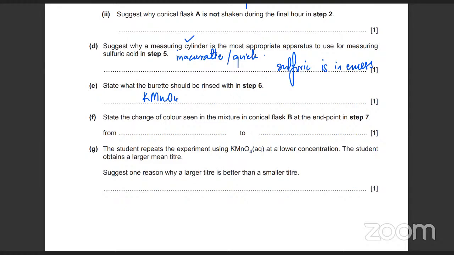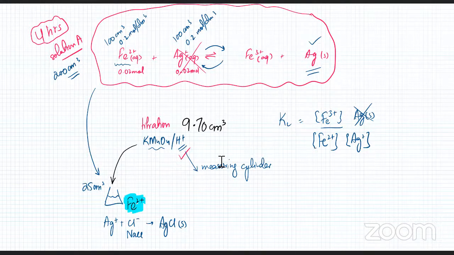What is the color change in this titration? You're adding KMnO4 from the top and there's Fe2 plus at the bottom. So what is the color change? Colorless to purple. Remember KMnO4's color change is purple to colorless.